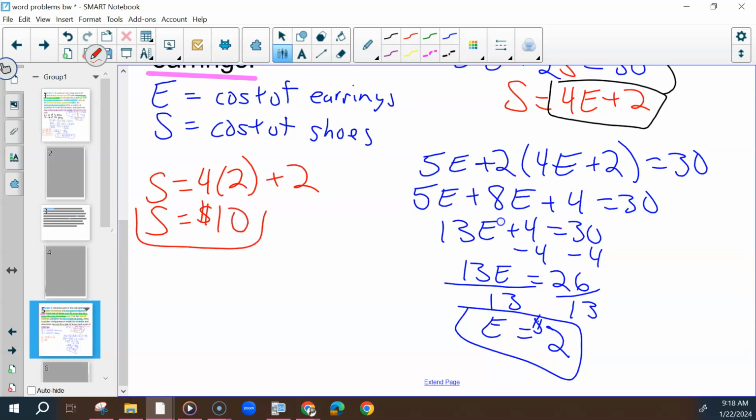Make sure you're putting your units. If you're not sure what that unit is, look back at your definition. Cost of should be in dollars. Any questions on that so far?